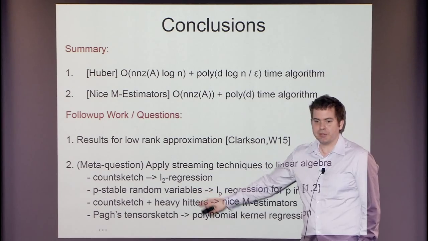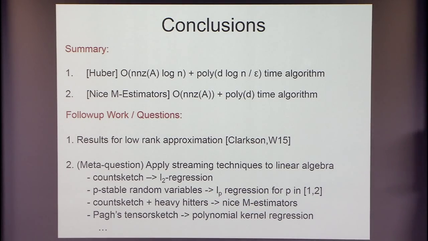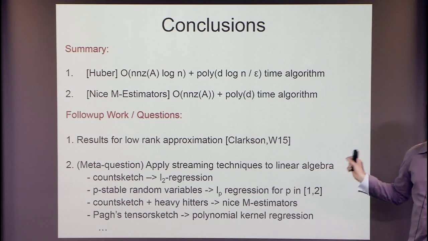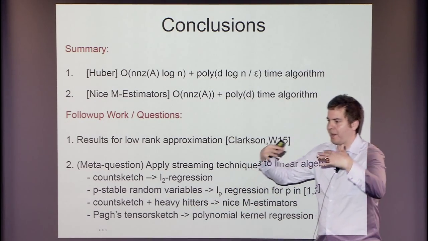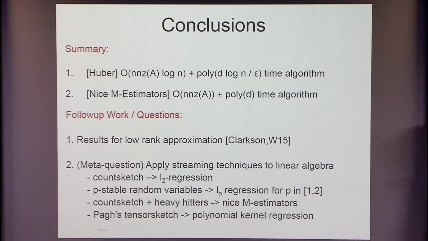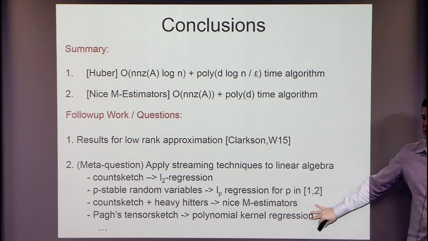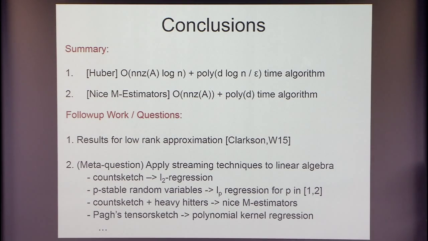P-stable random variables, such as Cauchy random variables, are useful for Lp regression, say for L1 regression, or more generally Lp regression for p between 1 and 2. The approach here is based on what's known as count sketch plus finding heavy hitters in the streaming literature. And there are other techniques in streaming which give rise to kernel variants of regression. I think there's a nice interplay here, and that remains to be explored more.